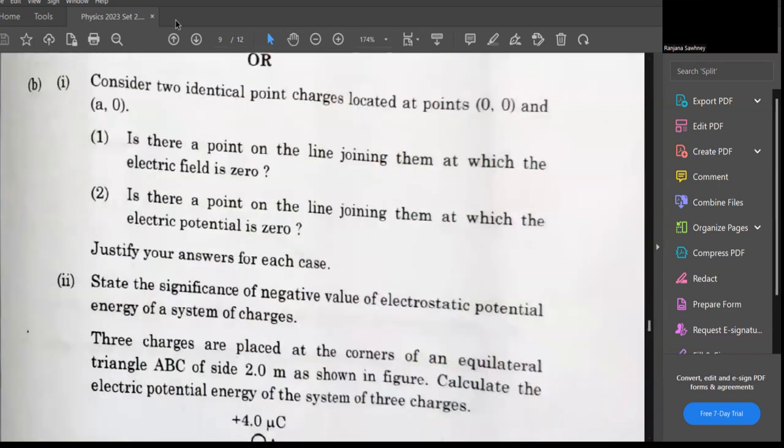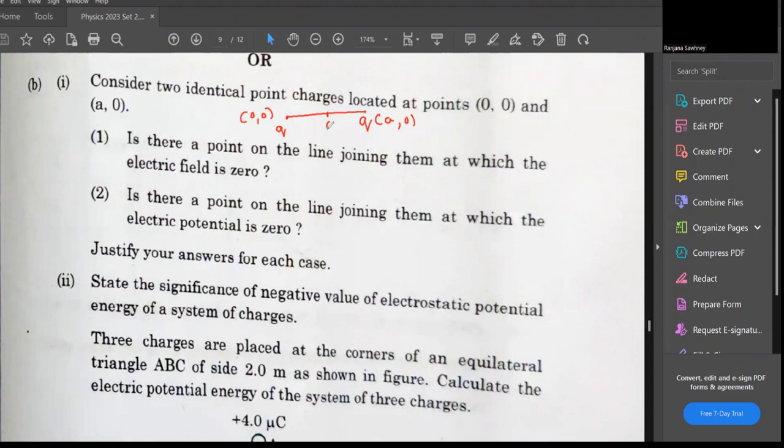The next question is: two identical point charges, if one is Q, the other is also Q, are situated at (0, 0) and (A, 0). Is there a point on the line joining at which the electric field is 0?